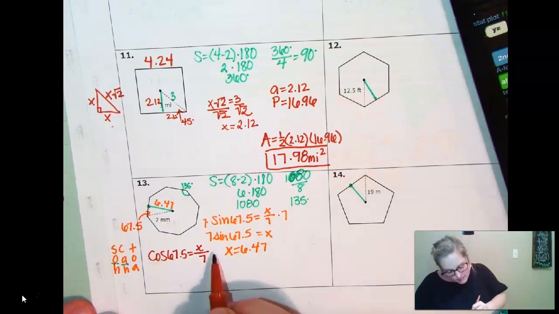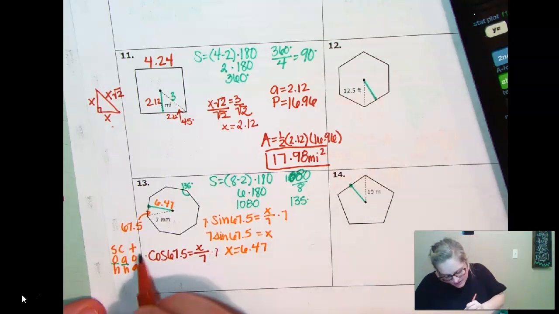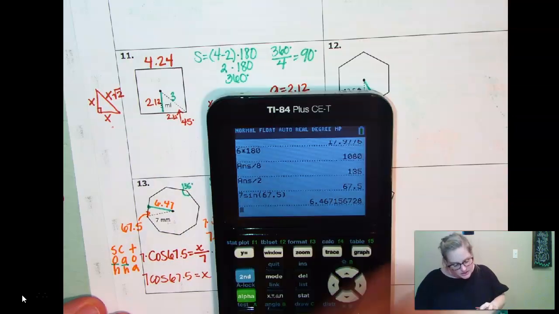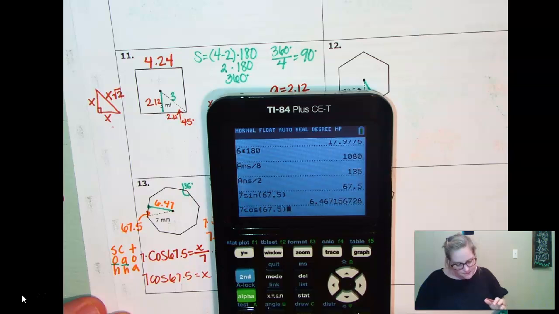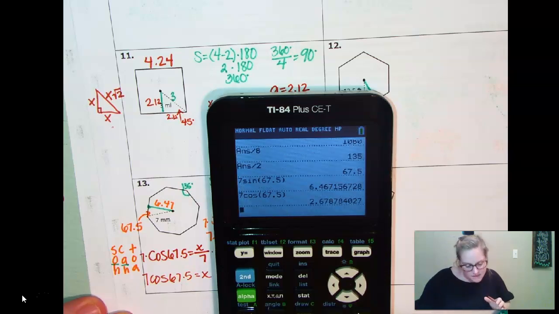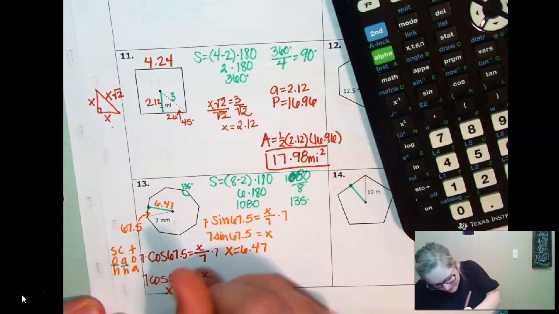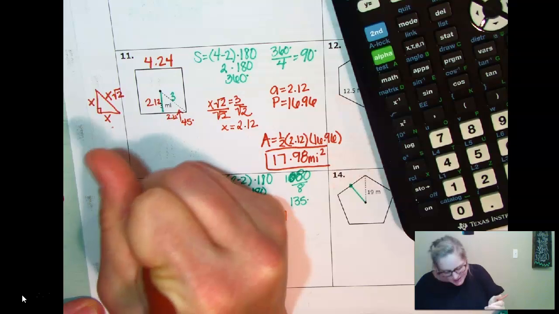So I need to multiply by 7. 7 cosine of 67.5 equals x. 7 cosine of 67.5, that's going to give me 2.678, so 2.68. X equals 2.68. That would be the little piece.